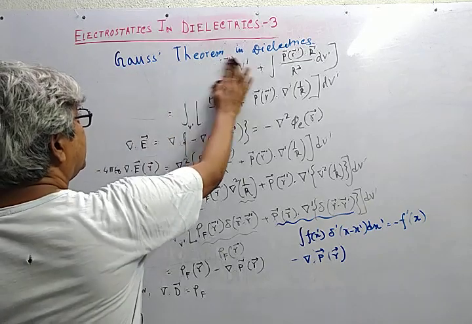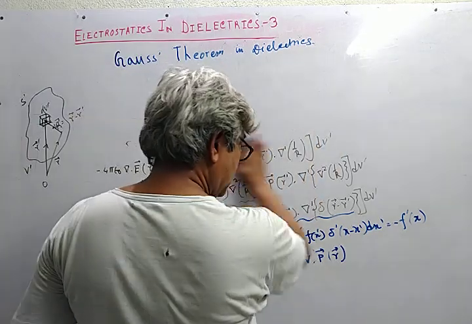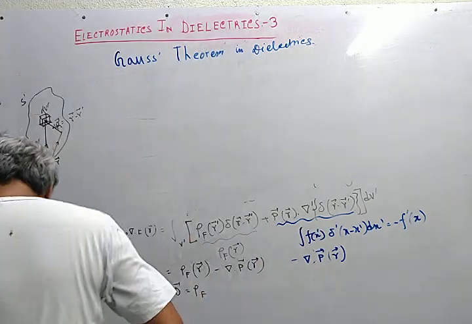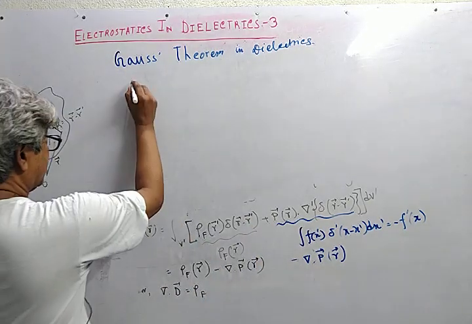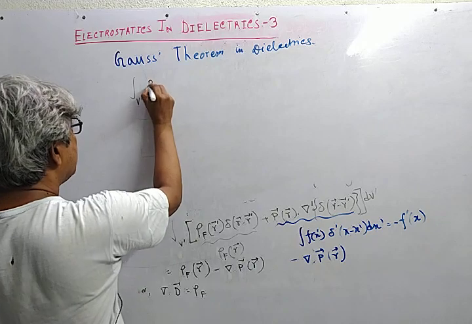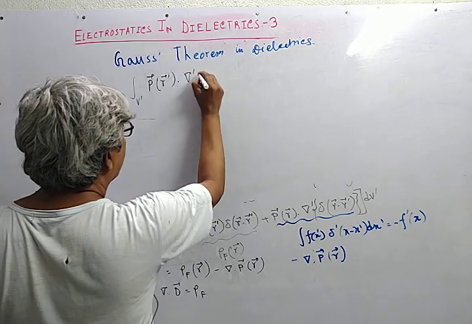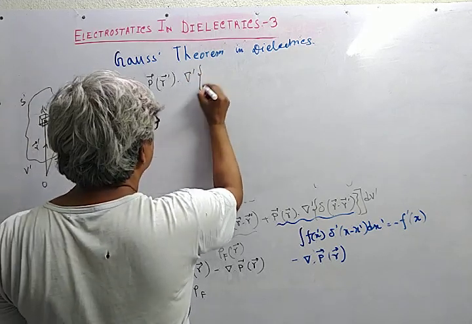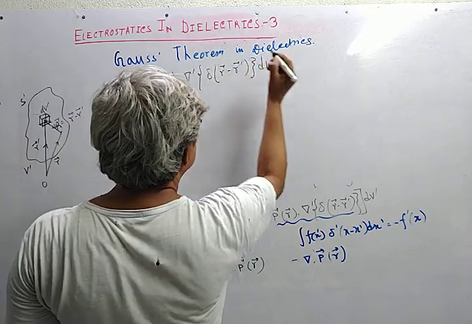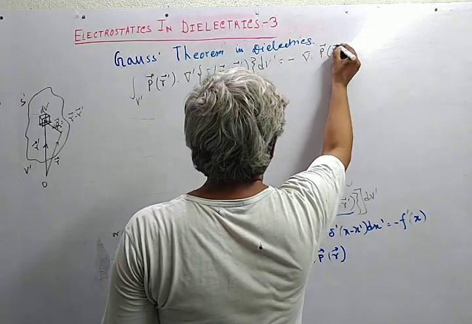So the problem that is left is to show that the integration over v prime of p of r prime dot this is equal to this. This is to show.